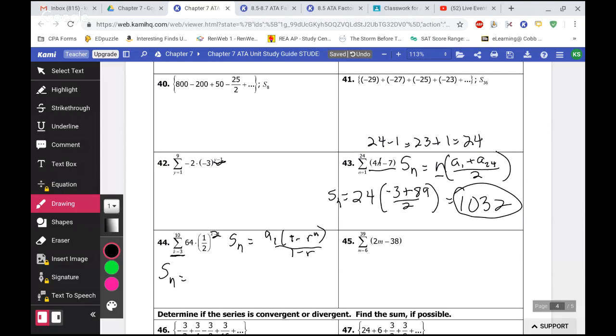And so that's 64 divided by 4, which is 16. And then 1 minus, and then that's going to be 1/2 raised to the number of terms in the series, where I do 10 minus 3 equals 7, plus 1 equals 8. So there's 8 terms in this series, all over 1 minus 1/2.